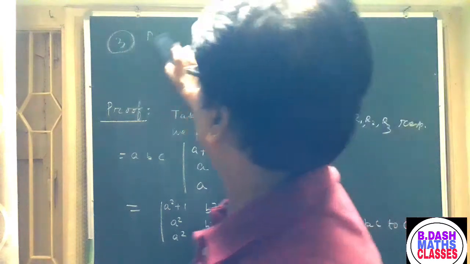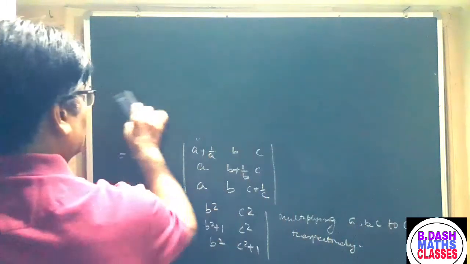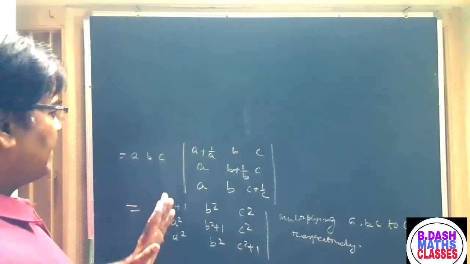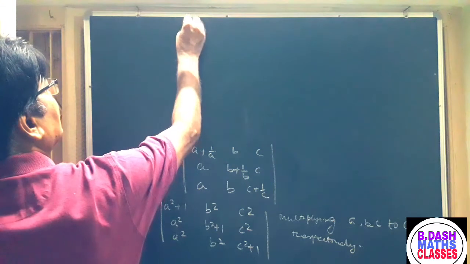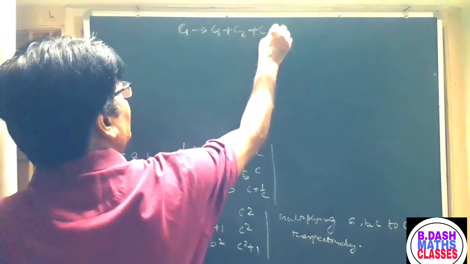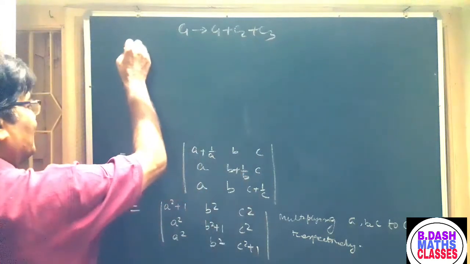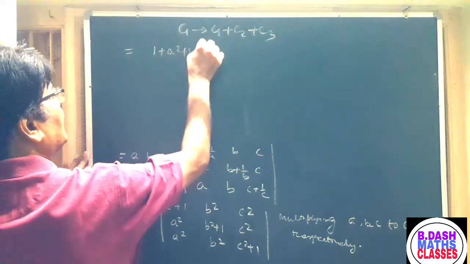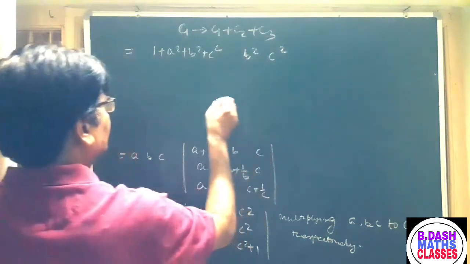Now what we have to do so that the result will come. If you clearly observe, we can replace column 1 by column 1 plus column 2 plus column 3. If you replace, this gives you 1 plus a square plus b square plus c square, b square, c square.